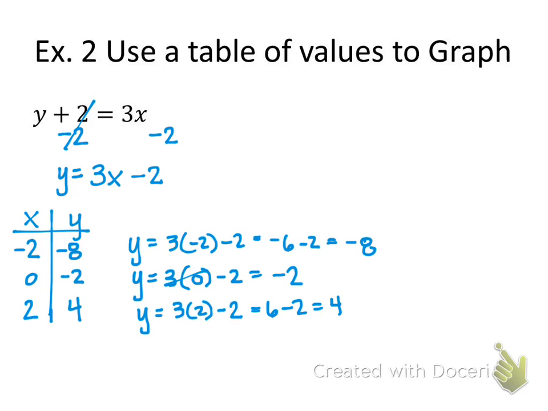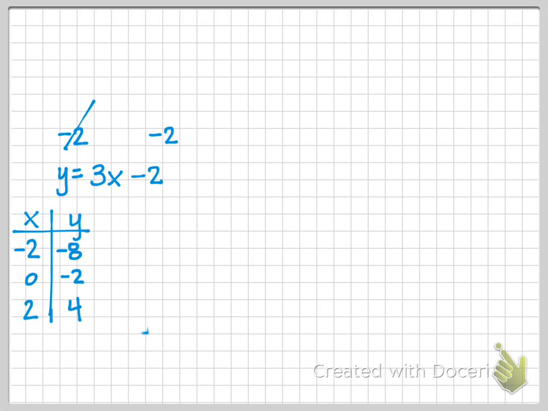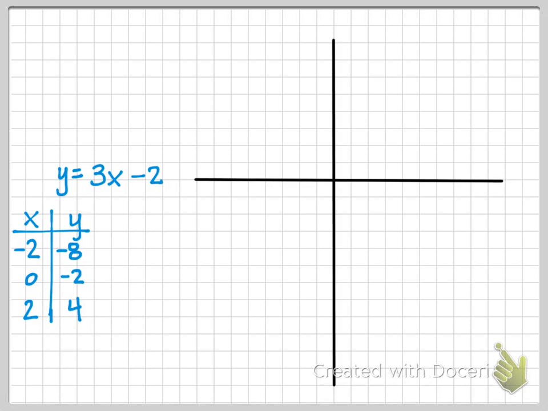Now all I need to do is graph my line on my coordinate plane. Okay, so you're going to need a piece of graph paper, and we're going to graph this line. And I'm going to erase some of this work that I've done here, so I have plenty of room for my line. You want to label your x and y axis. This is my x, this is my y. Let's label our graph.